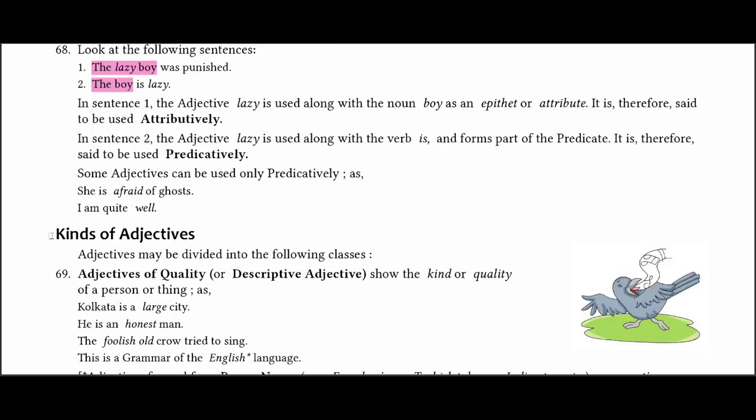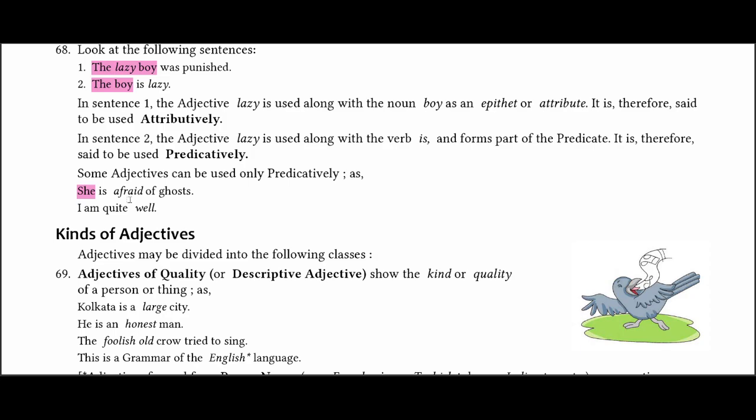Now, some adjectives. She is afraid of ghosts. Look at this statement. She is the subject. Is afraid of ghosts is the predicate. Afraid is an adjective that modifies the pronoun she. But this adjective is used alongside the verb is. So this adjective is used predicatively.